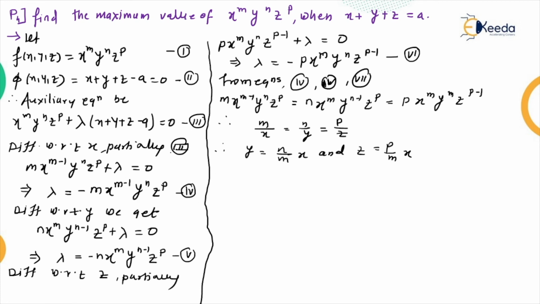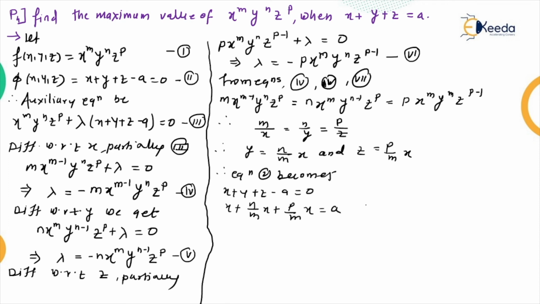So you have to use these values in equation number 2. Equation 2 is x plus y plus z minus a equal to 0. You know the value of y is n divided by m into x, and the value of z is p divided by m into x, and that is equal to a.